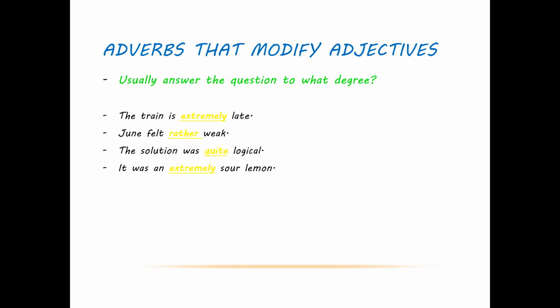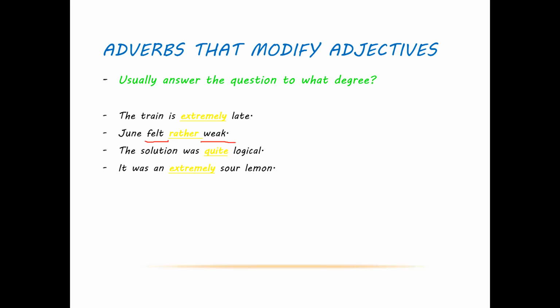So June felt rather weak. Okay. The verb here is felt. It's a sensory verb. Just take note of that. Okay? And rather weak.